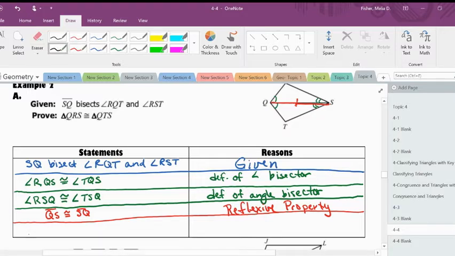We can say that triangle QRS is congruent to triangle QTS, and the reason we know that is by angle side angle congruency theorem. Some abbreviations there to keep it simple.